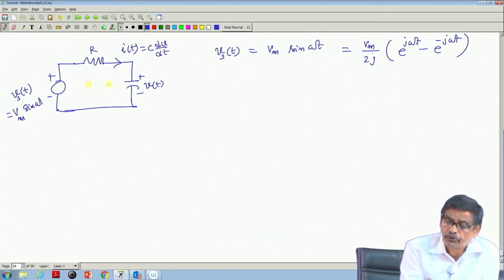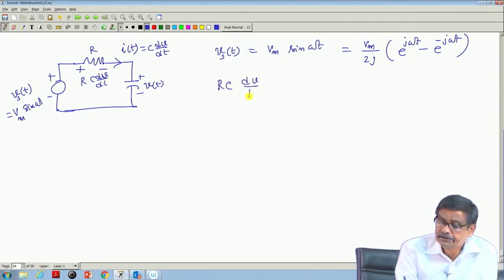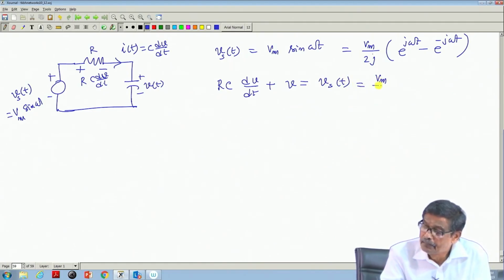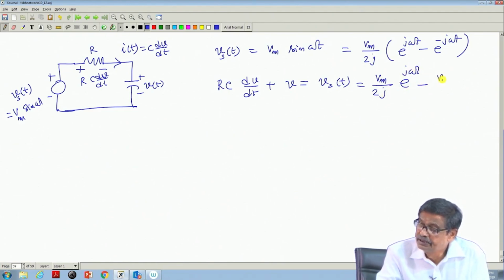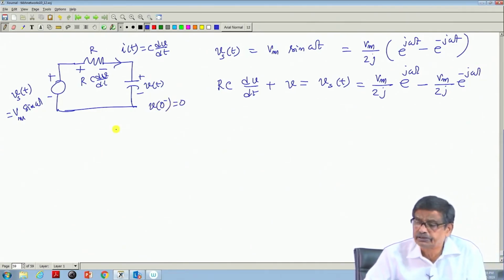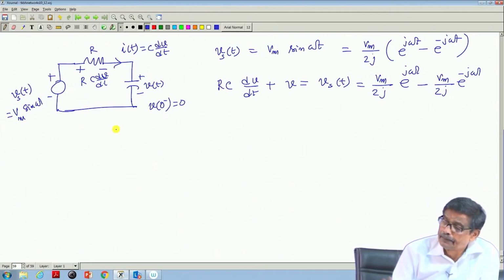Therefore, the KVL equation is R I, that is R C dV dt, plus V. So, R C dV dt plus V t is equal to your V s t, the supply voltage, which happens to be V m by 2 j e to the power j omega t, two sources, minus V m by 2 j e to the power minus j omega t, and the initial condition given is V 0 minus equal to 0. So, I can apply the superposition theorem and so on.